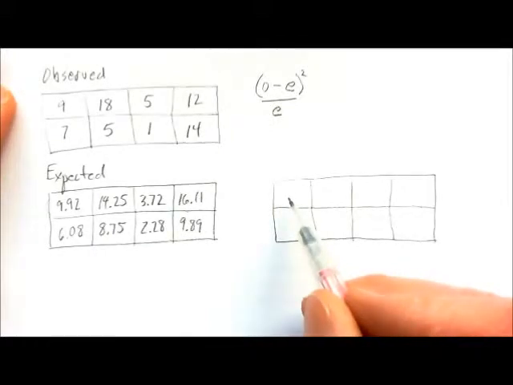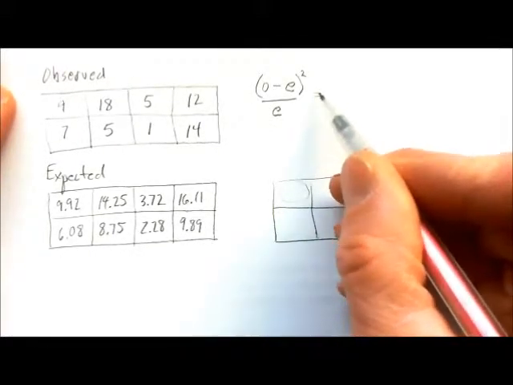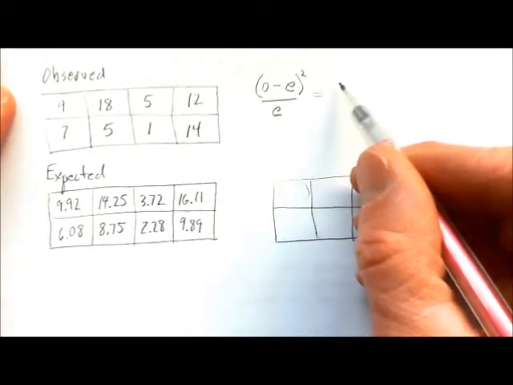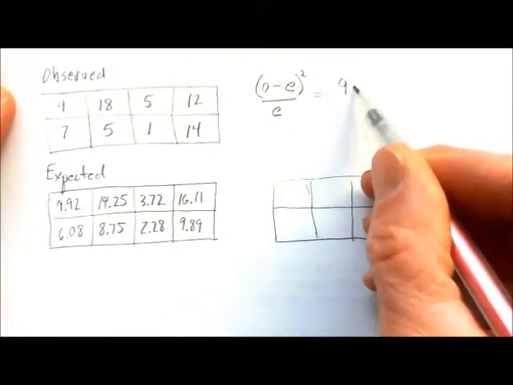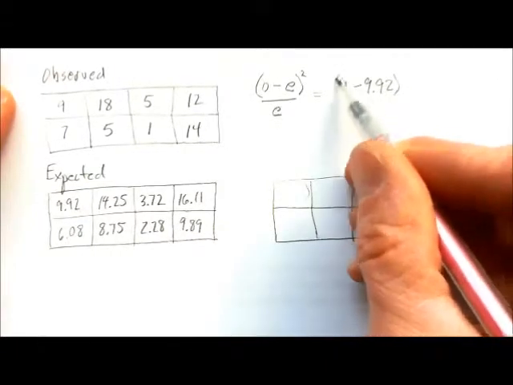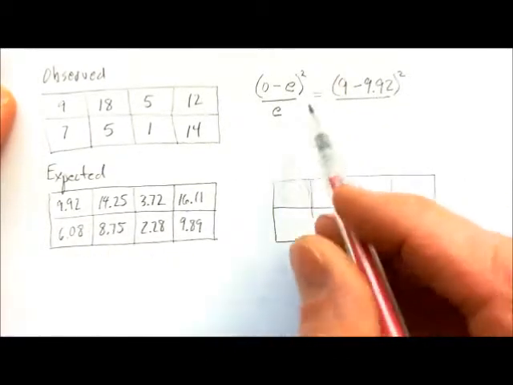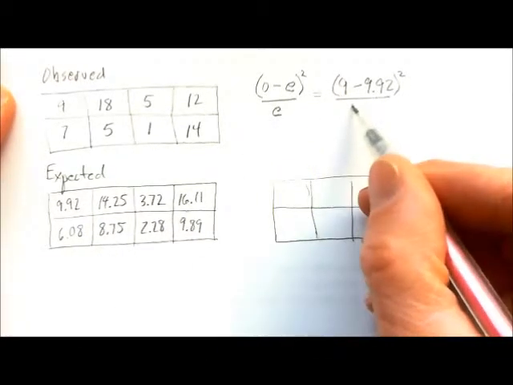So for this cell, (O minus E) squared over E would be (9 minus 9.92) all squared, divided by the expected value, which is 9.92.